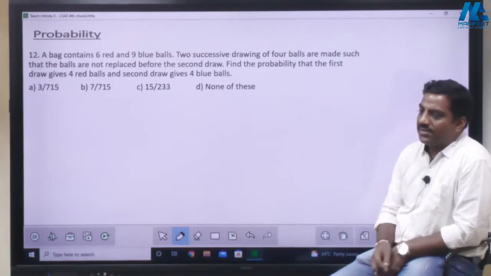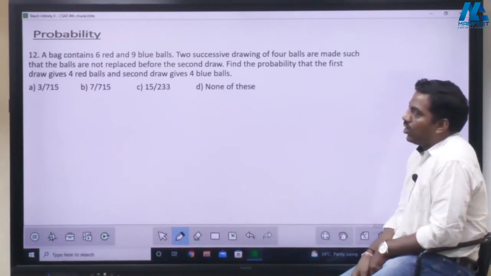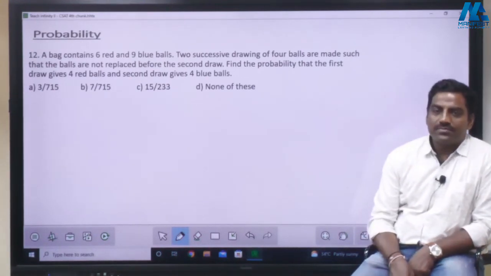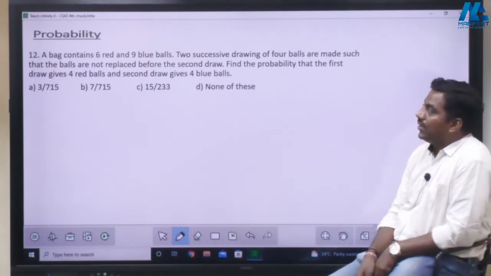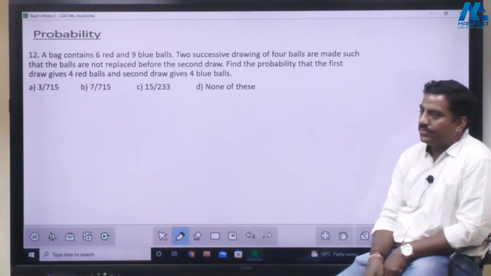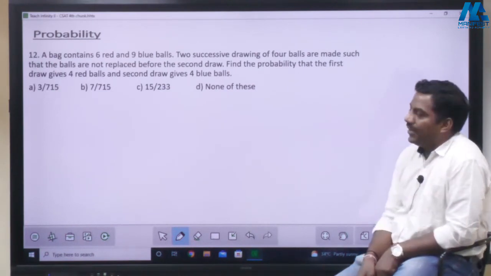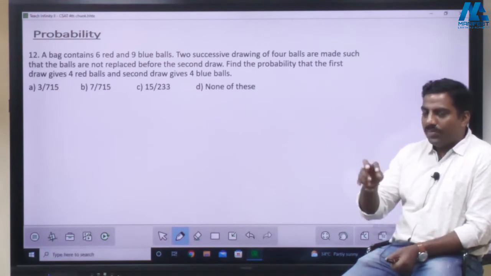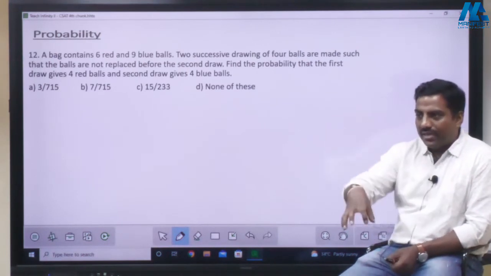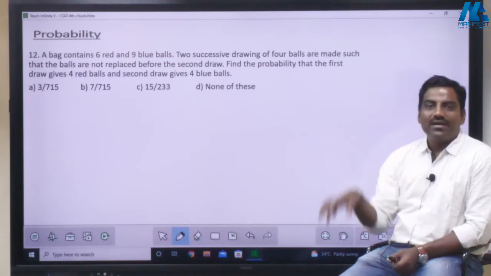A bag contains 6 red balls and 9 blue balls. 6 red and 9 blue. 2 successive drawings of 4 balls are made. See, they are not picking 1, 1, 1. They are picking 4 together.